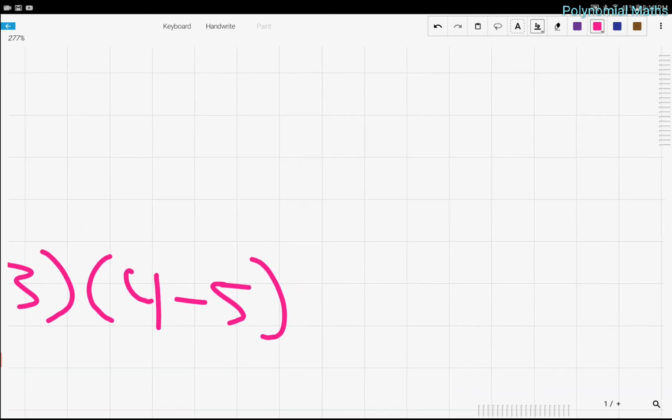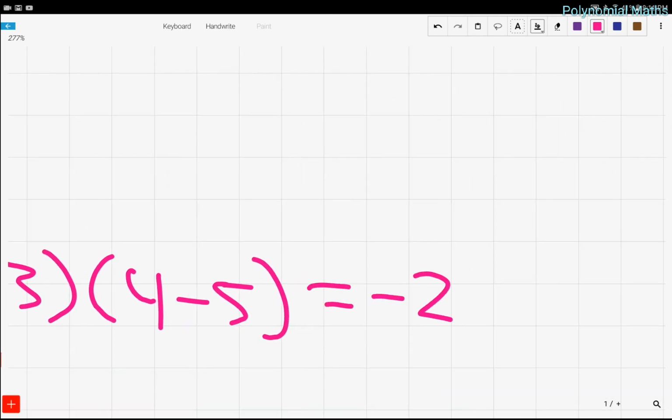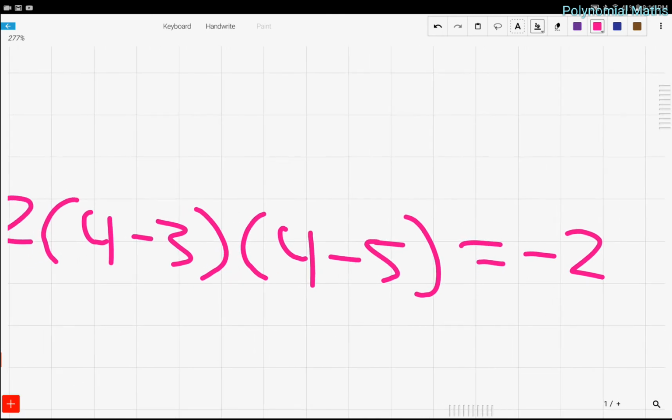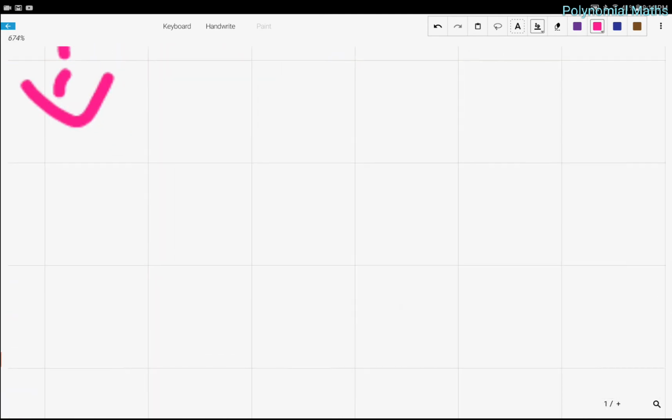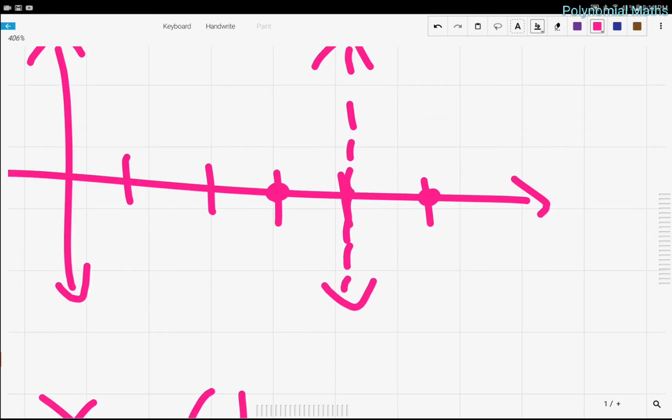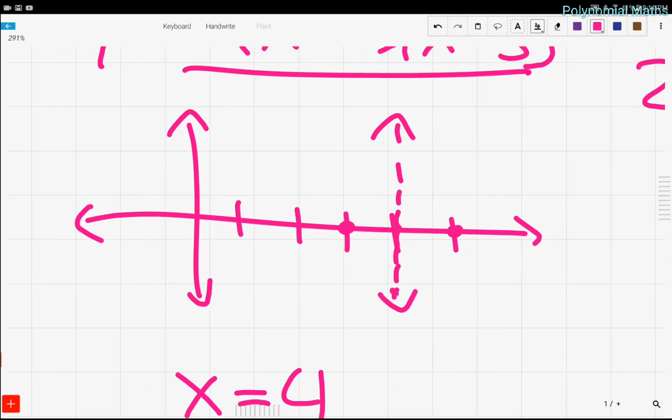And this is equal to -2. So the coordinates for our vertex are just (4, -2). And we're done with that part. And so then we basically found where the vertex is, (4, -2). So about here. And then we can just graph our parabola.